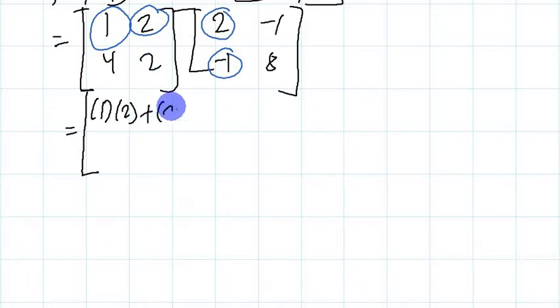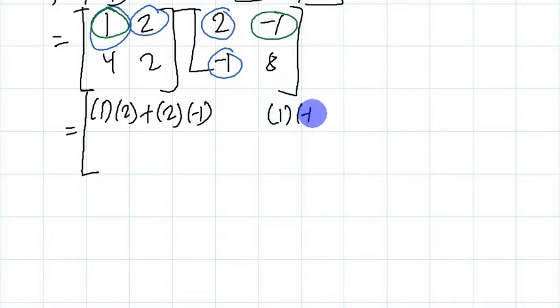We need to add that. And this becomes our row 1, column 1 entry. Then for our entry in row 1, column 2, we're now going to have 1 times negative 1. Add that to 2 times 8.